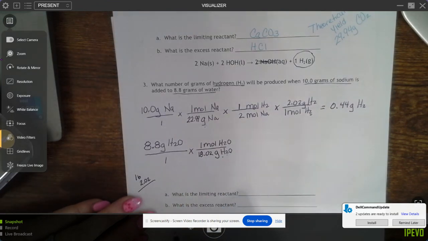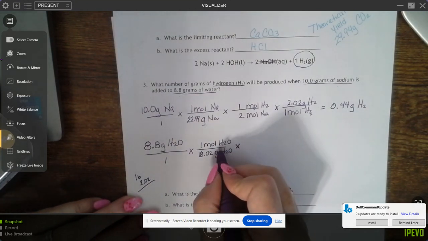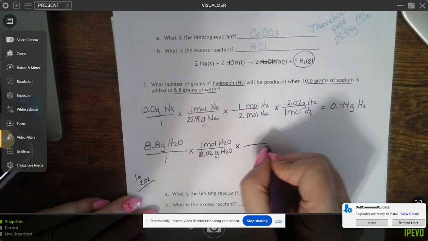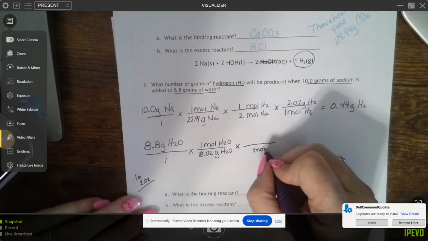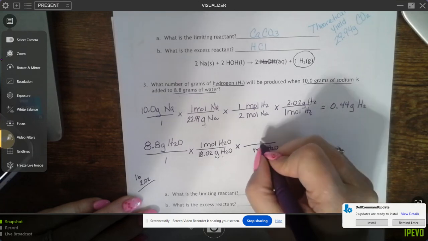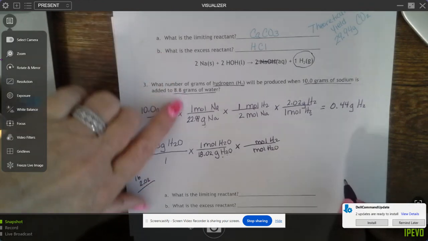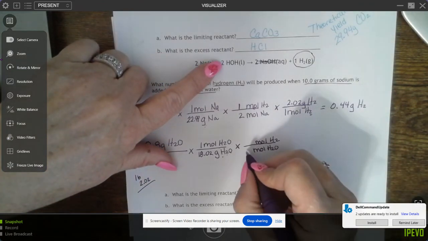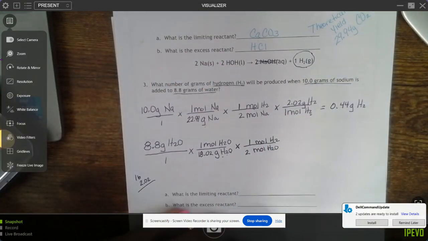So my molar mass of water is 18.02 grams. Now, once we've got moles of water, we need to convert to moles of hydrogen, so we have moles of H2O on the bottom and moles of hydrogen on the top. In my balanced chemical equation, 2 moles of H2O produces 1 mole of hydrogen.